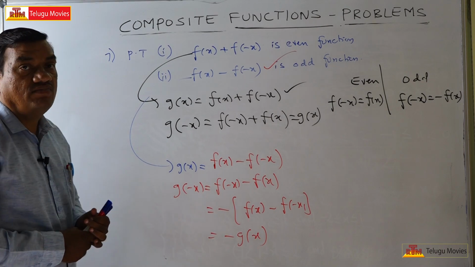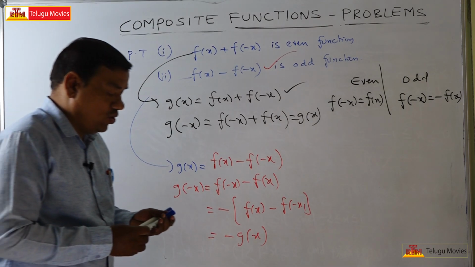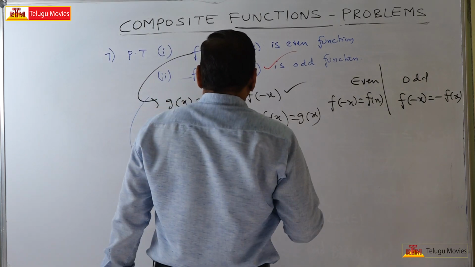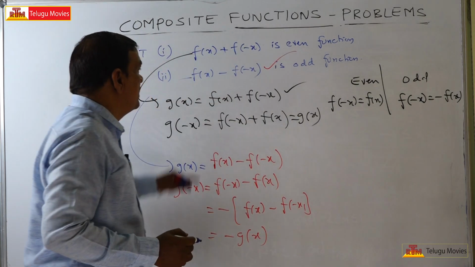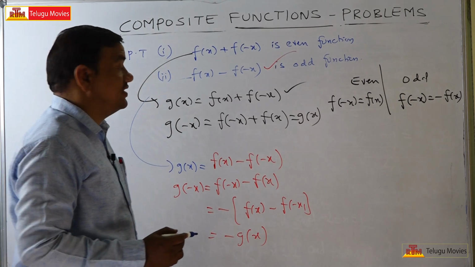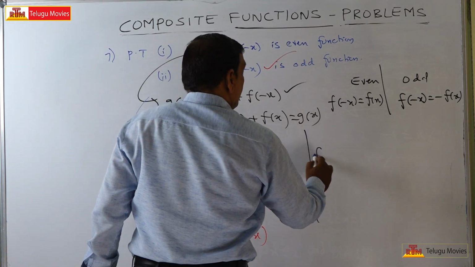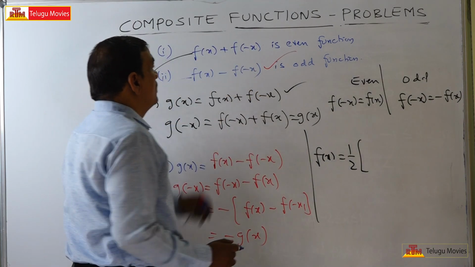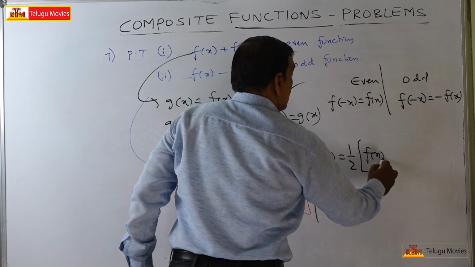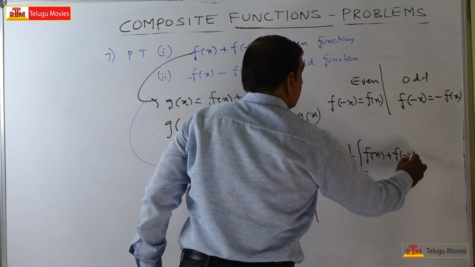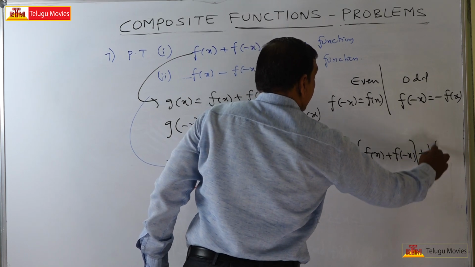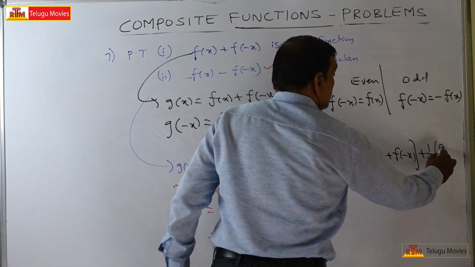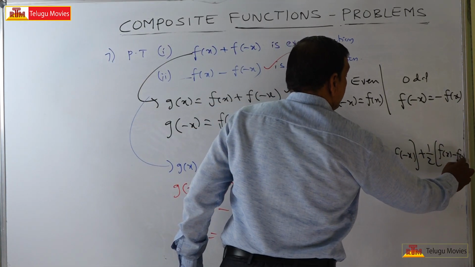From this we can conclude one very important thing. These two I will combine like this. Can I write f of x is equal to 1 by 2 times f of x plus f of minus x, plus 1 by 2 times f of x minus f of minus x?